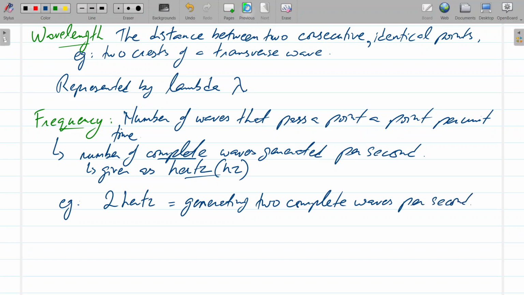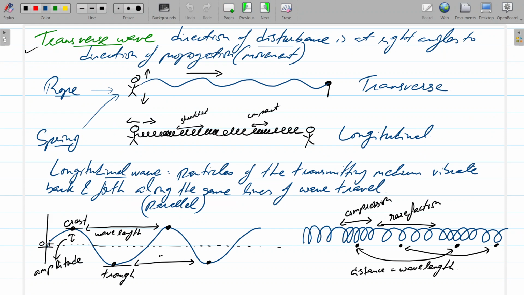If we go back over here, starting from the mean position, you have it going up with a crest, coming down with a trough, and then coming back.